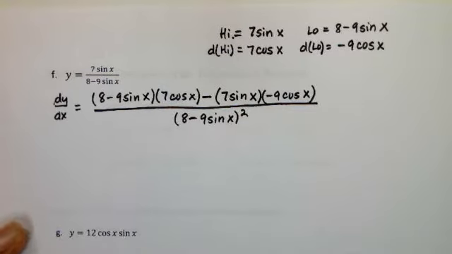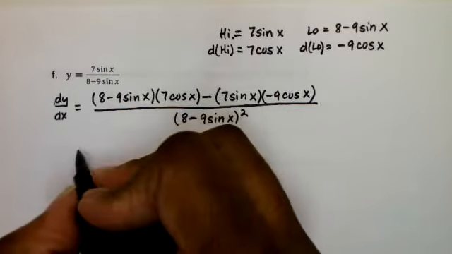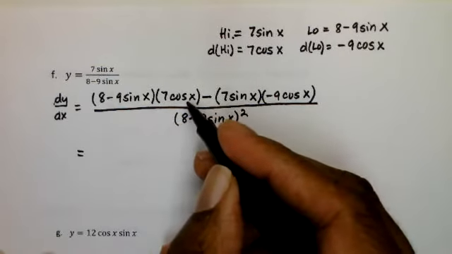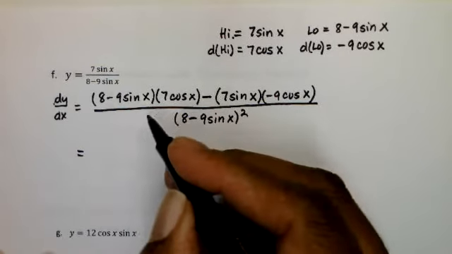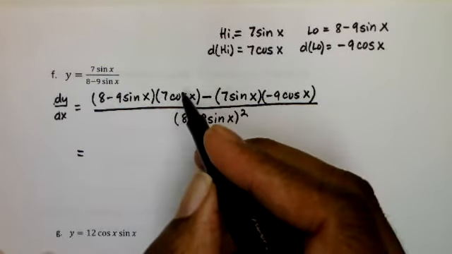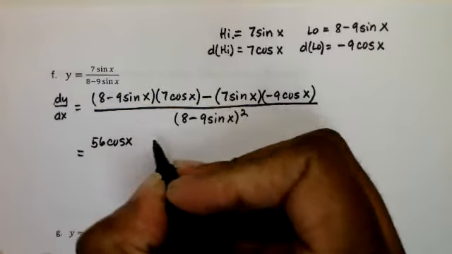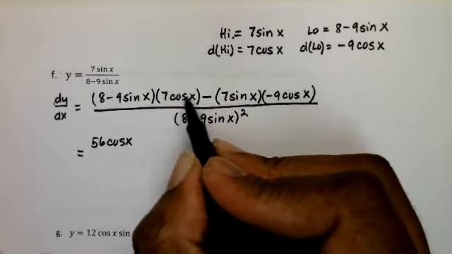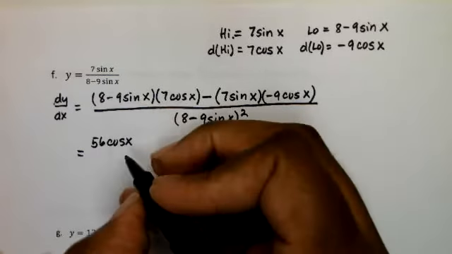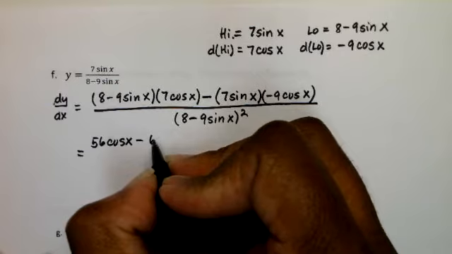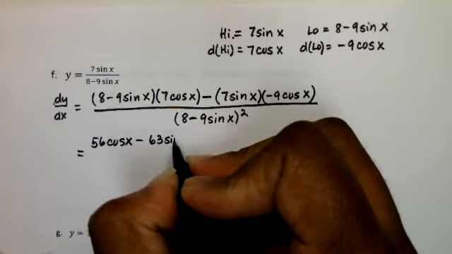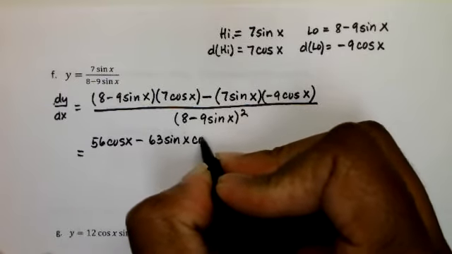All right, now we're going to have to simplify all of this here. Let's see, distribute the 7 cosine of x over the 8 minus 9 sine of x. 7 cosine of x times 8 would be 56 times the cosine of x. And then 7 cosine of x times the minus 9 sine of x would be minus 63 sine x cosine x.